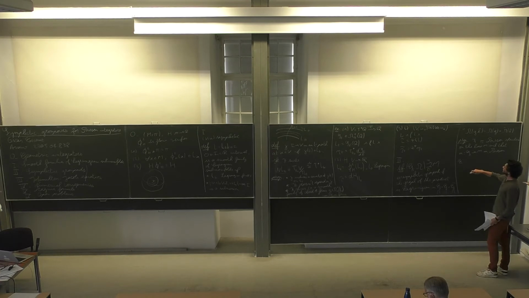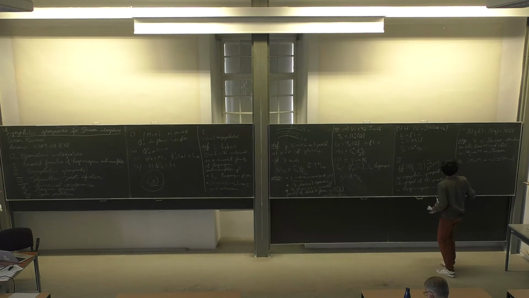And here I can give some examples. If I take the pair groupoid with this symplectic form, the first omega is on the first factor and the second one is on the second factor, then it integrates the symplectic manifold seen as a Poisson manifold.